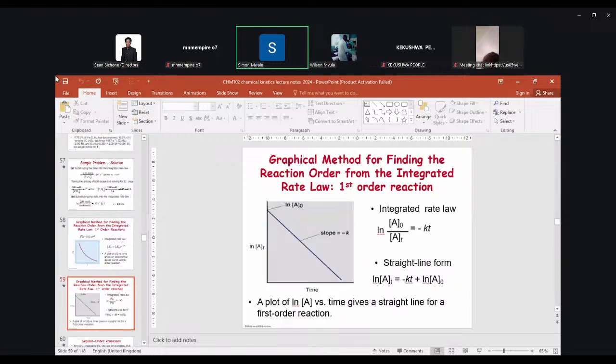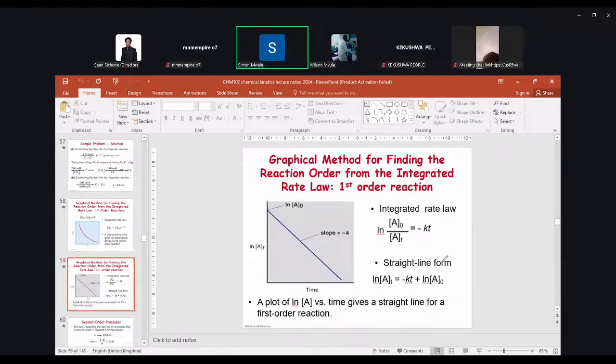So for a first order reaction, this is the equation. Take note, this equation that I've shown here is an equation of a straight line. When I move to the next page, just bear with it so that you see properly what I mean. This is an equation of a straight line.